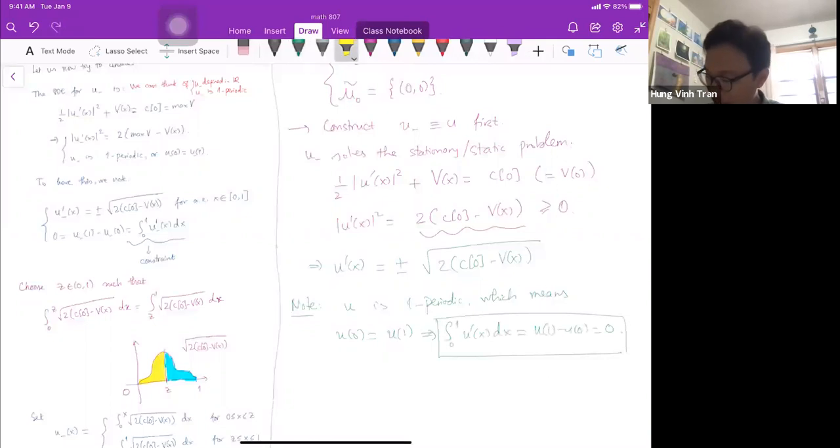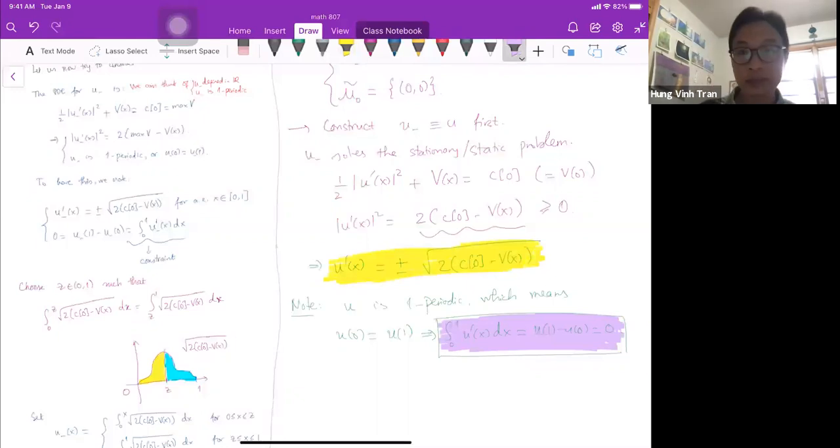So let me highlight, we have two things. We have u prime equals plus or minus the root of that, and however, I need to also keep in mind that the integral of u prime is 0. So I have to balance things out.